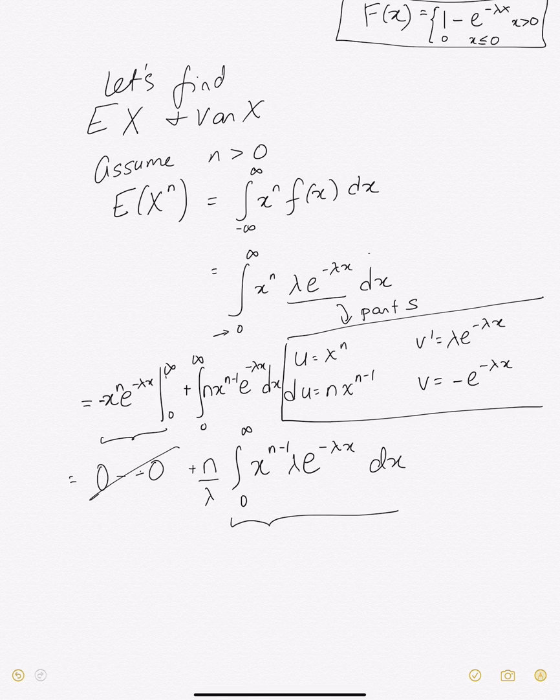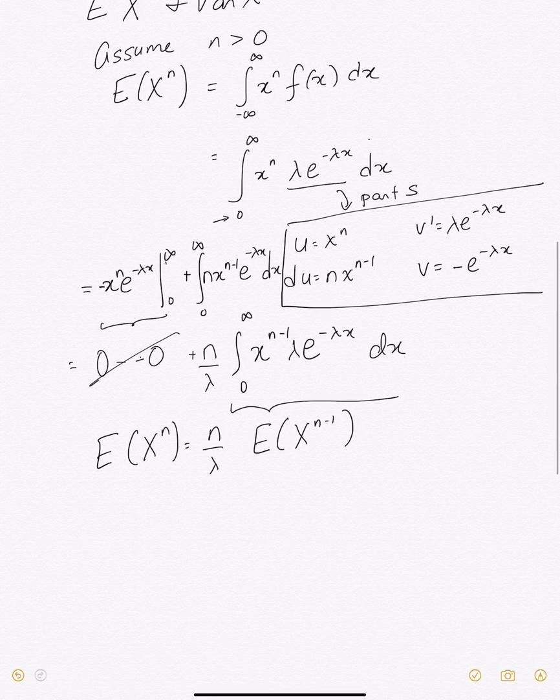Compare it with this if you need, and you see that that was expectation of x to the n, and this is expectation of x to the n minus 1. So you have this identity.